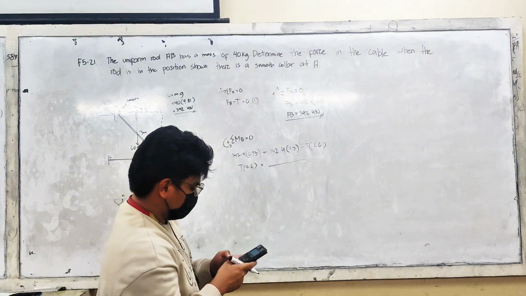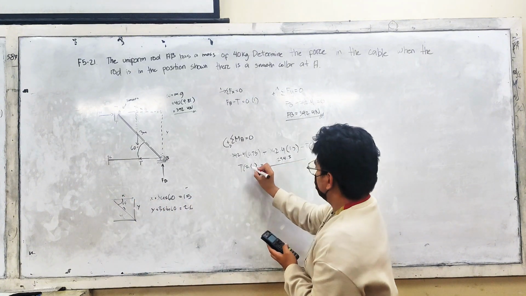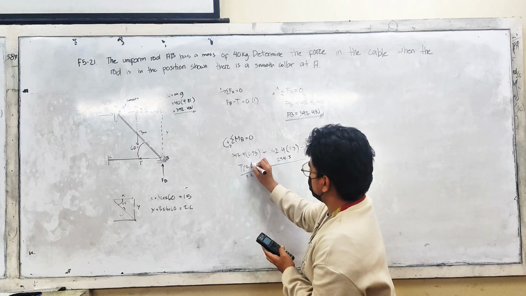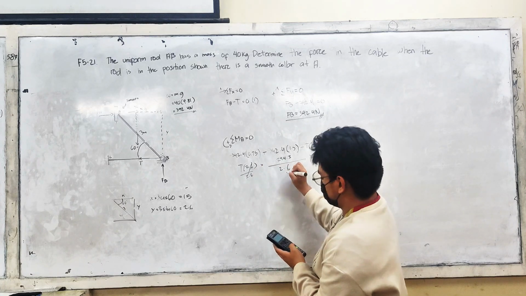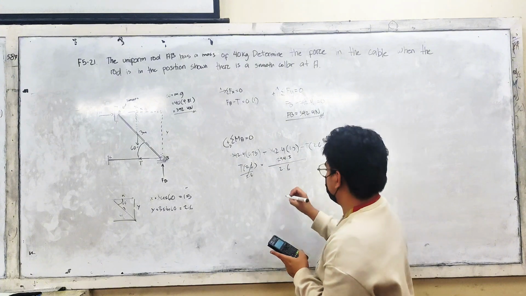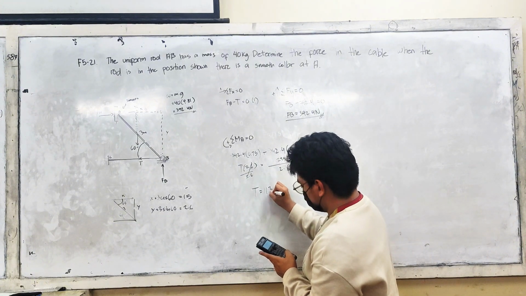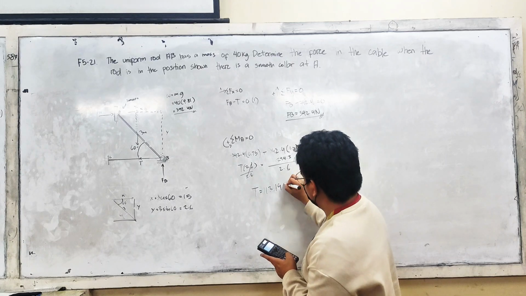We have the answer 294.3 divided by 2.6. 2.6 divided by 2.6. We have our answer. Tension is equal to 130.19.